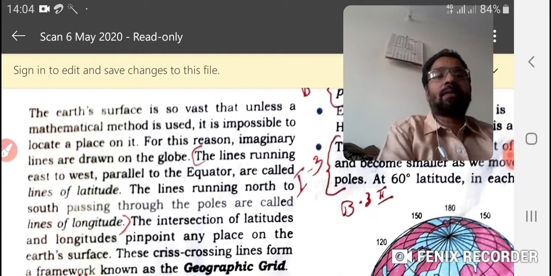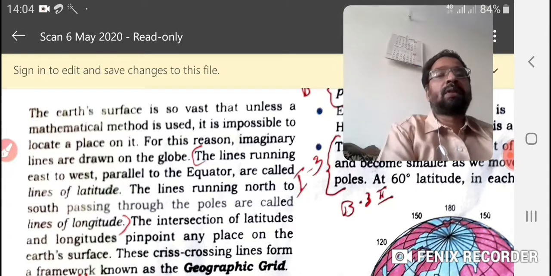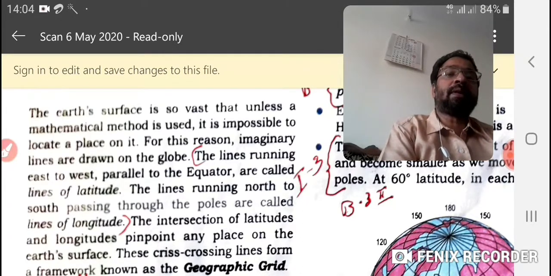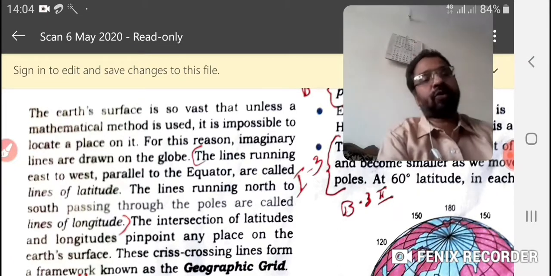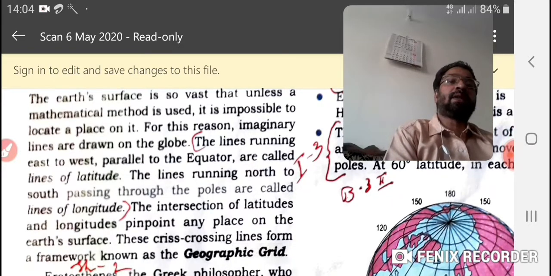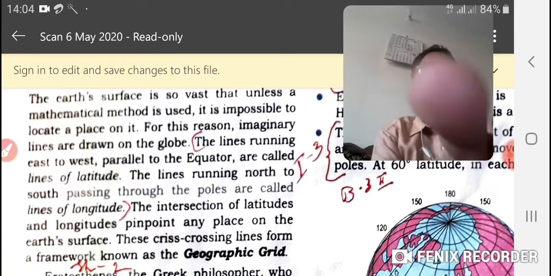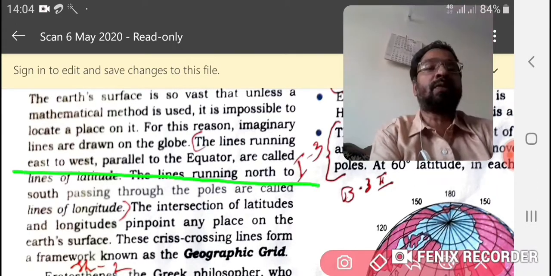imaginary lines on the globe. The lines running east to west, parallel to the equator, are called lines of latitude. You can see the lines running east to west.